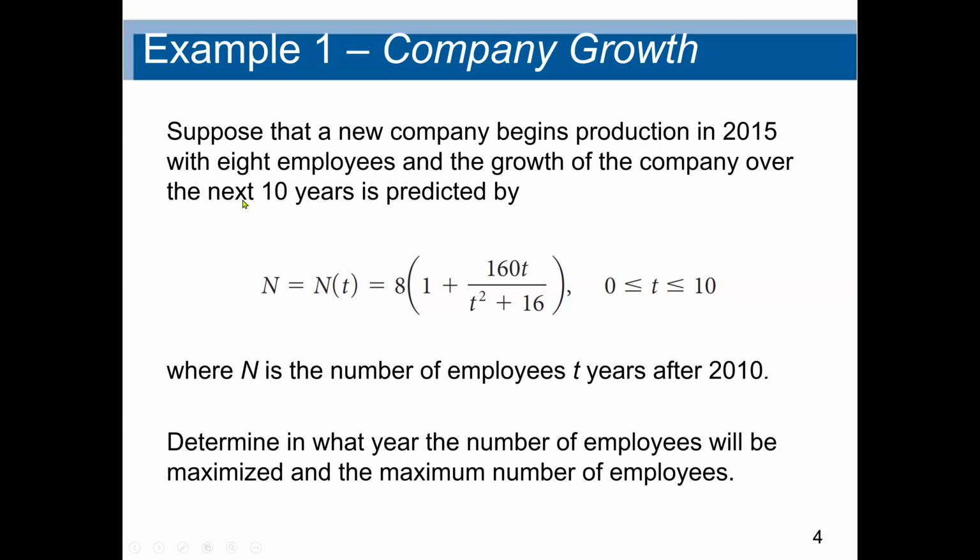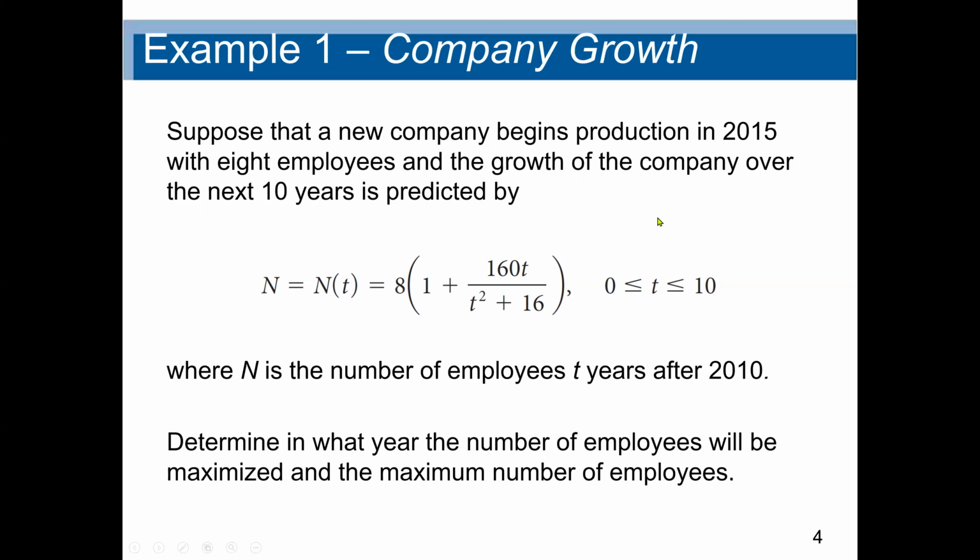The question also said within the next 10 years predicted. So our time is between 0 to 10 years. And the function is 8 times (1 plus 160t over t squared plus 16), where N is the number of employees t years after 2010.